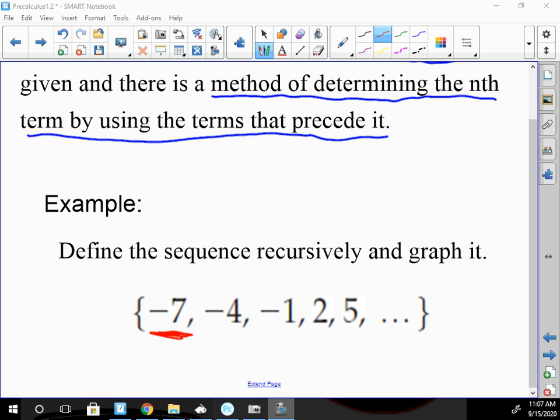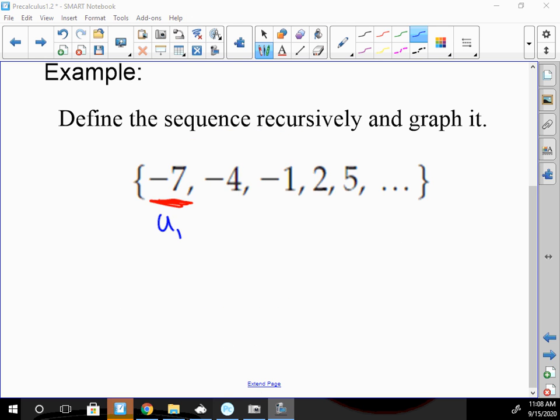That is our u(1), because it's the first term in this sequence u. Our second term, u(2), is -4. So I have u(1) equals -7, u(2) equals -4, u(3) equals -1.